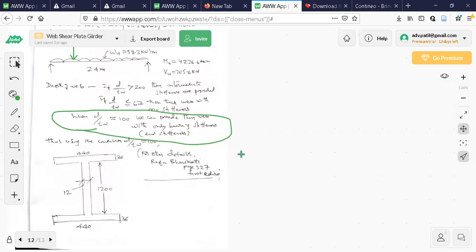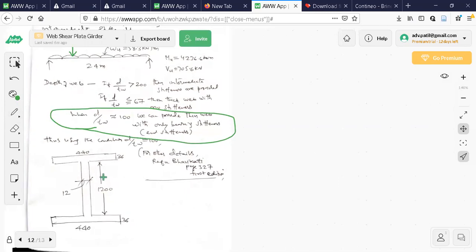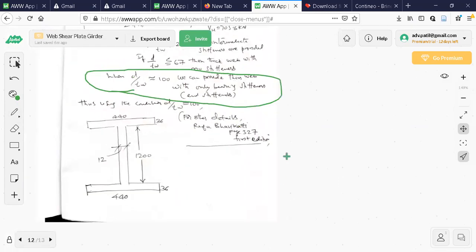So main thing you try to understand, when you read a solution in any textbook or wherever, see the problem and check whether I am asked to design the stiffeners or not. Once stiffeners are not required, look at D by TW, how the profile was finalized. Because in the first example that I explained, there was no requirement of any stiffener.